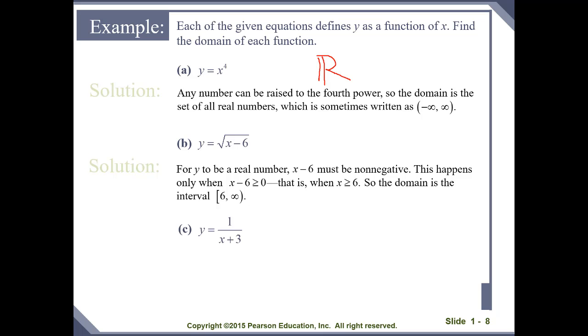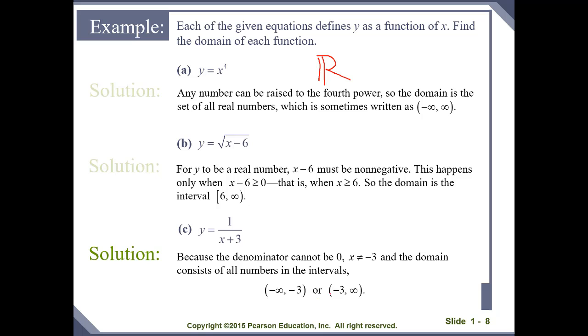Here we have y equals 1 divided by x plus 3. Again, ask yourself, could x be any number? And our answer is no. Why not? Because we can't divide by 0. What would make our denominator 0? It would be 0 if x were negative 3.